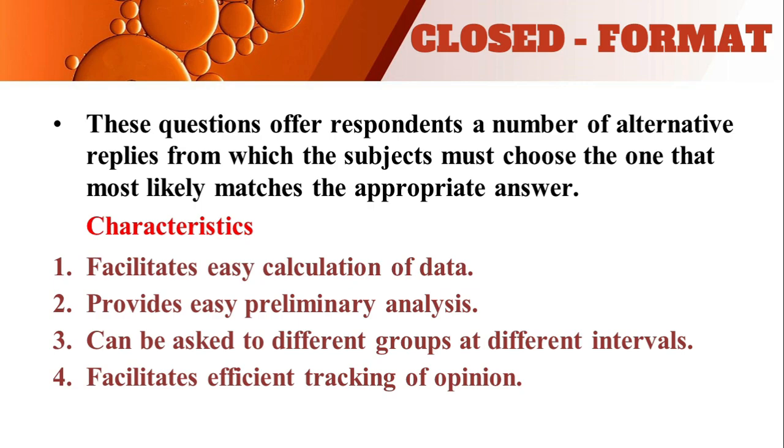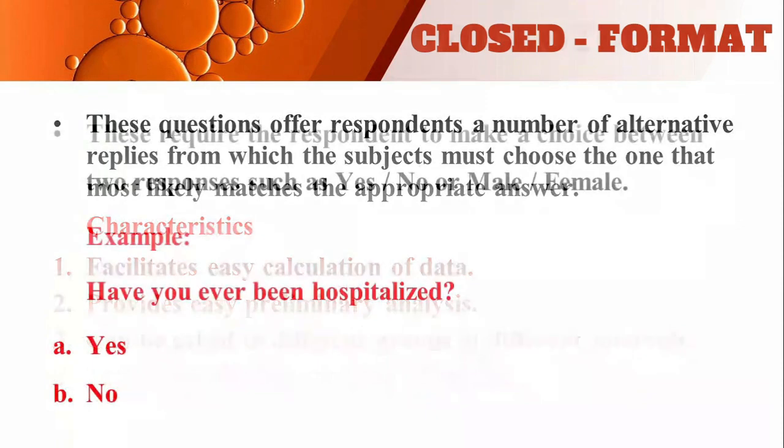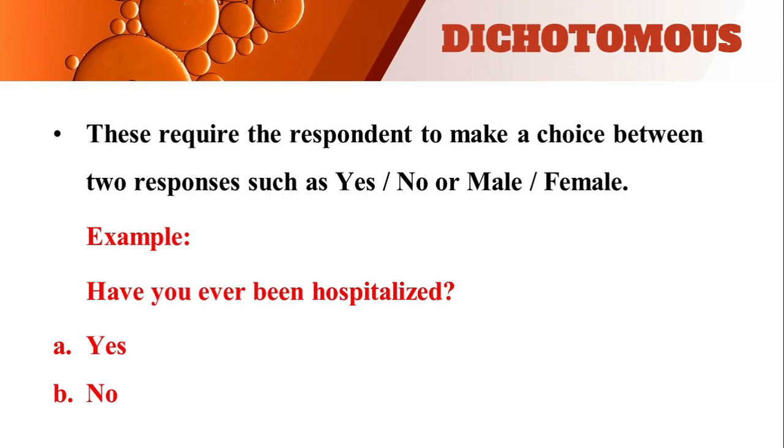Let's see the subtypes of closed format questions one by one. Dichotomous question. Di means two. So there will be two choices for the respondents to select between: either option A or option B. Most of the questions are like yes or no type, or particularly when we speak about gender, male or female, or sometimes we keep only two types, such as: are you coming from an urban area or a rural area?